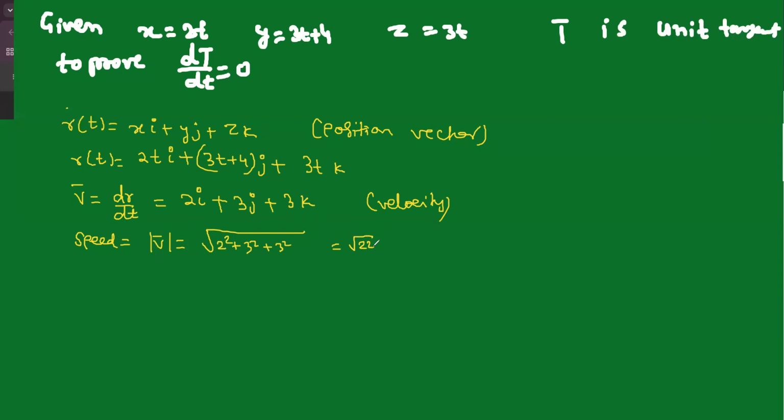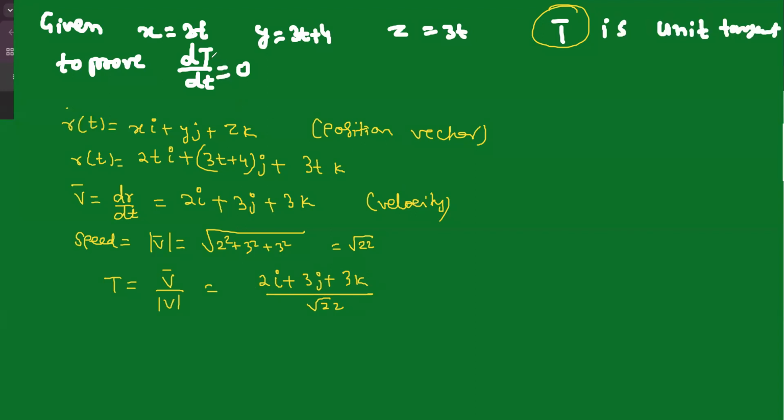Root 22. But in the question, T is unit vector. Unit vector is what? The vector upon its modulus. So the vector is 2i plus 3j plus 3k upon root 22. Up to here you understood?